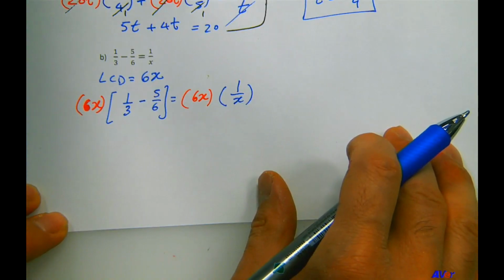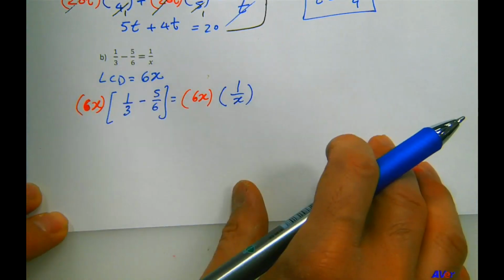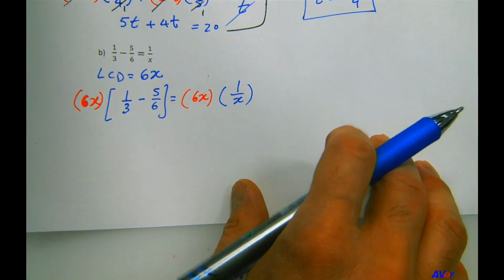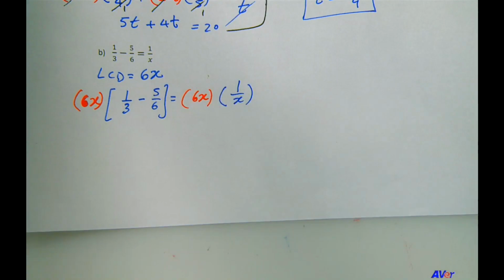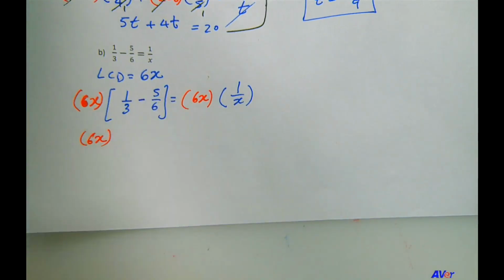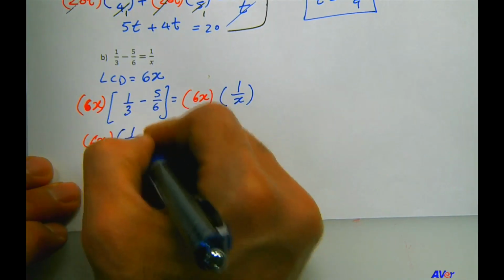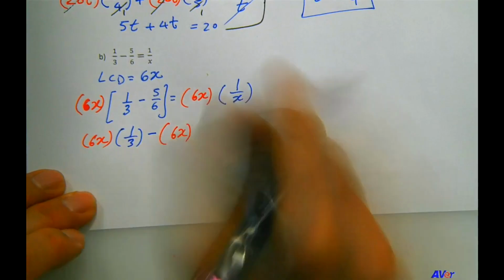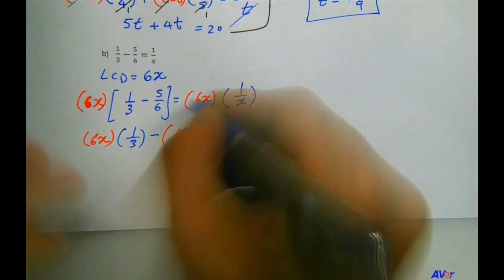Okay? Do we distribute and simplify at the same time? No. I'm asking you to distribute but not simplify. How's that? This is how that is. 6x times 1/3 minus 6x, right? We're distributing. No simplifying.